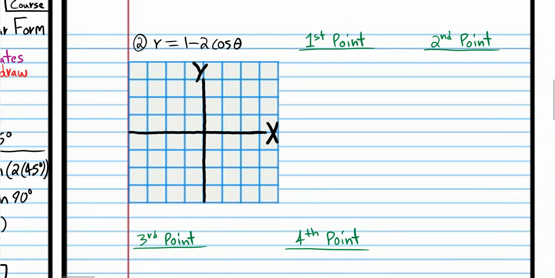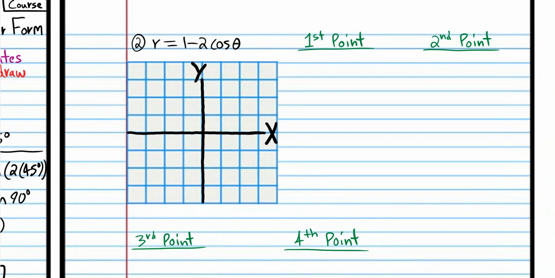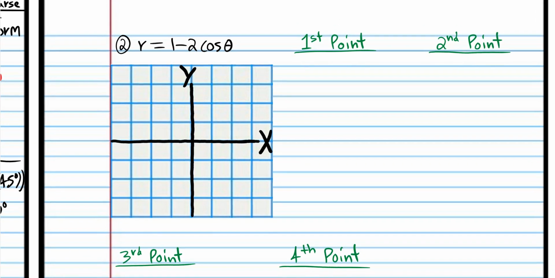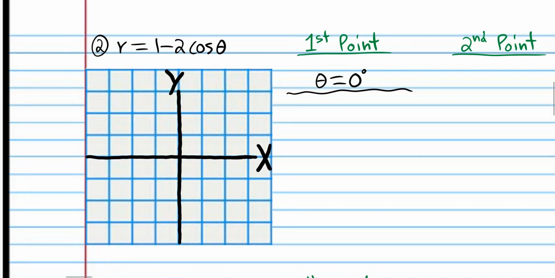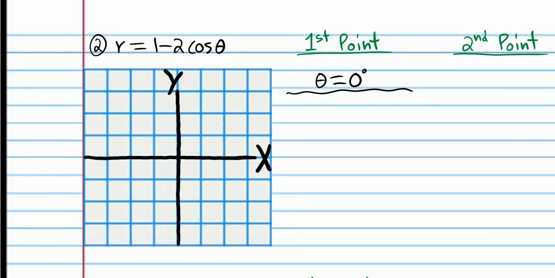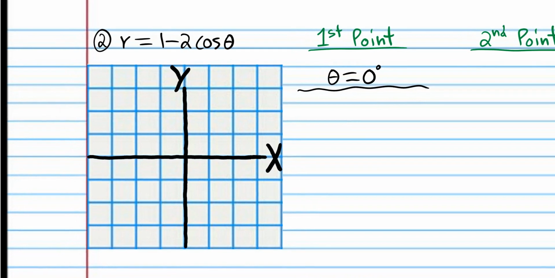And so now let's find 4 points to help us. We have an idea of what the graph looks like. I'm going to try theta equals 0 degrees. Again, the graph along with our points is going to help us to understand how to graph polar equations.